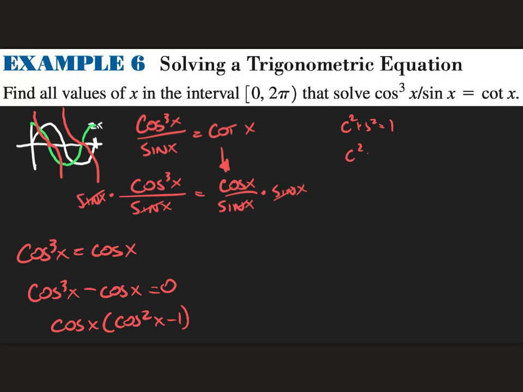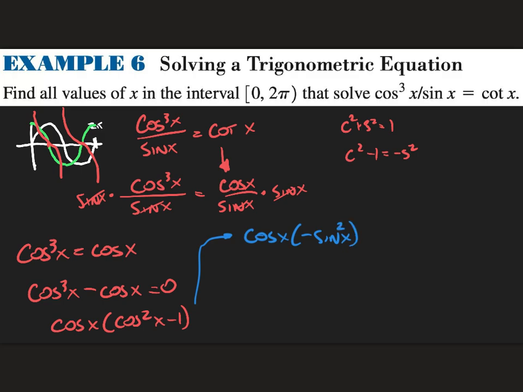So the cosine squared minus 1 is equal to the negative sine squared, just by moving those things around. So I've got the cosine of x. Now let's do this in a different color so we don't get confused. So we get the cosine x times negative sine squared x.